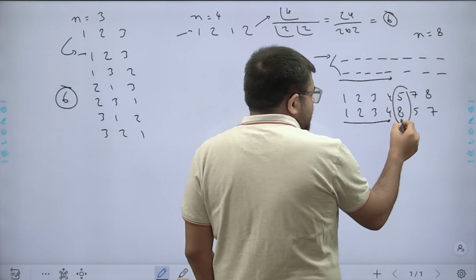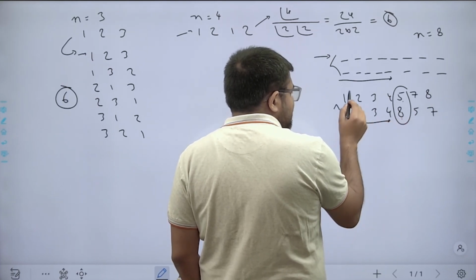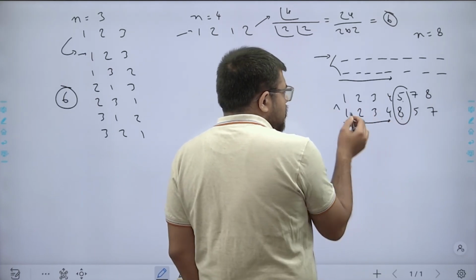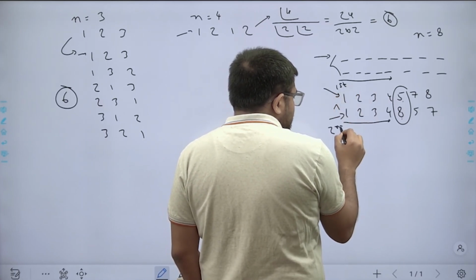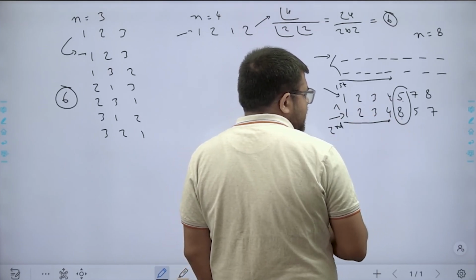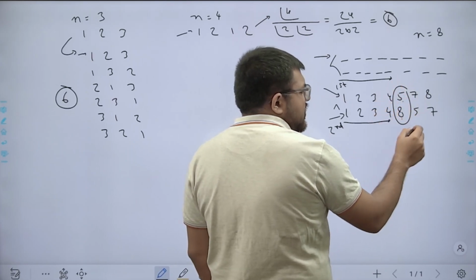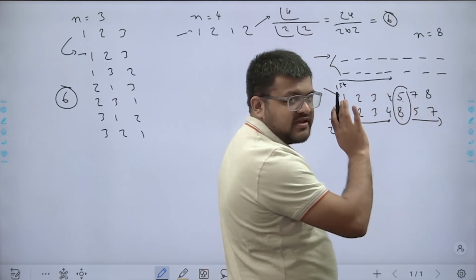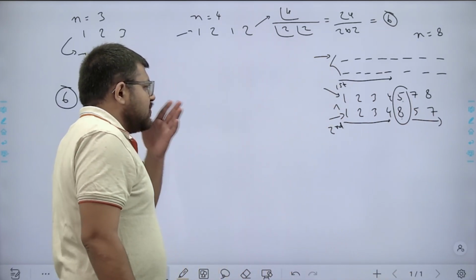Here 8 is greater than 5, so this second permutation is greater than this. So in sorted order, this will come first and this will come second. Basically, this will come after this. Why? Because where the first character mismatches, there we compare, irrespective of what the characters are after it. Got it? So this is what we mean by comparing.